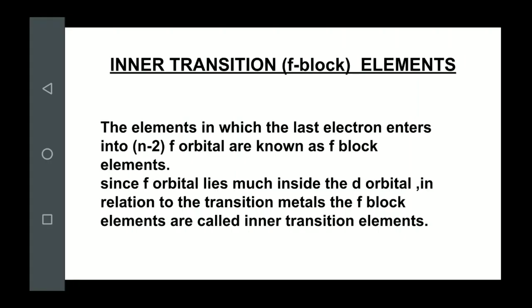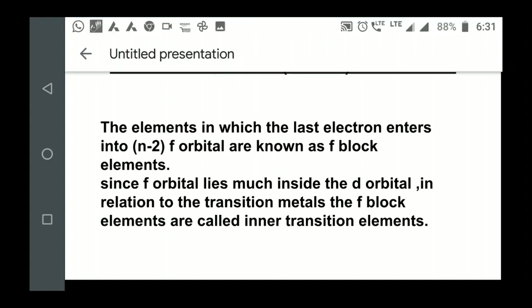Since f orbitals are inside the d orbital, and this series of f block elements also lies within the transition series, that's why we call them inner transition series. We will understand it better when we look at the periodic table.